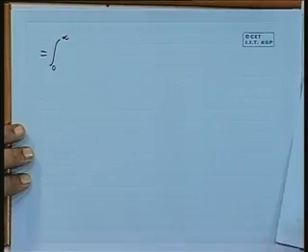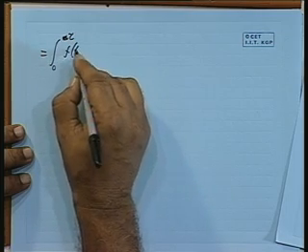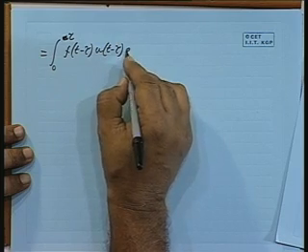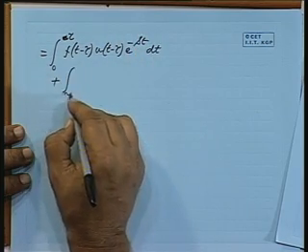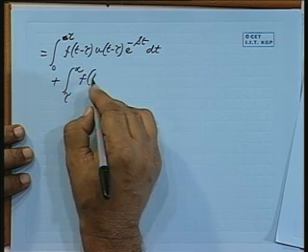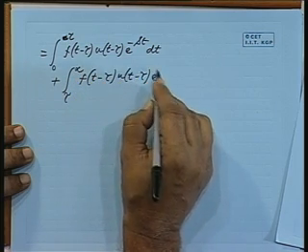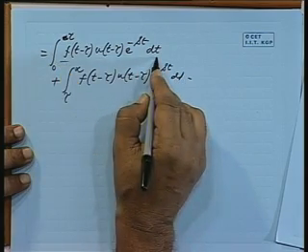So, I can break it up into 0 to tau of f(t minus tau) u(t minus tau) e to the power minus s t dt, plus tau to infinity of f(t minus tau) u(t minus tau) e to the power minus s t dt, and this part from 0 to tau is 0.